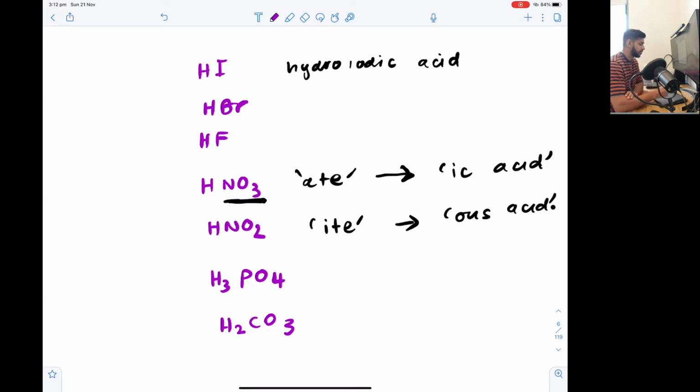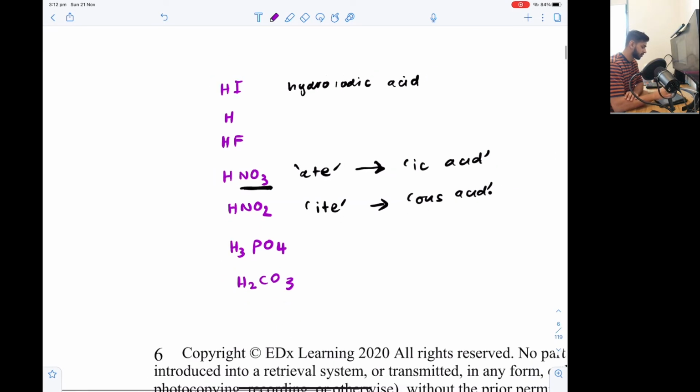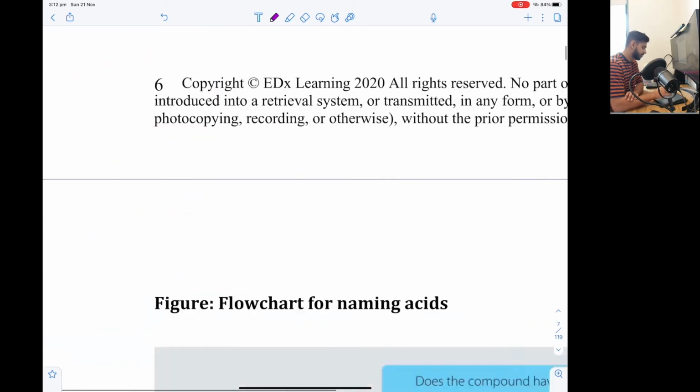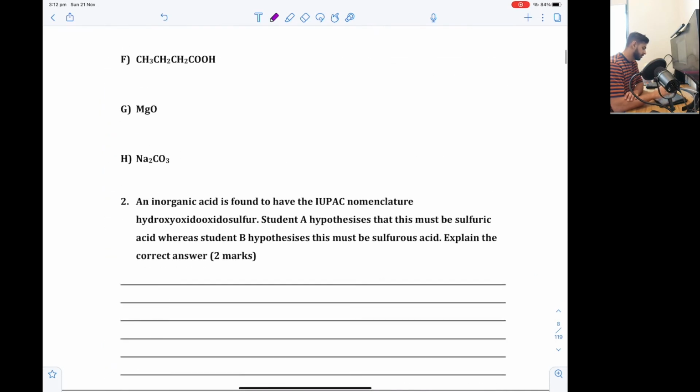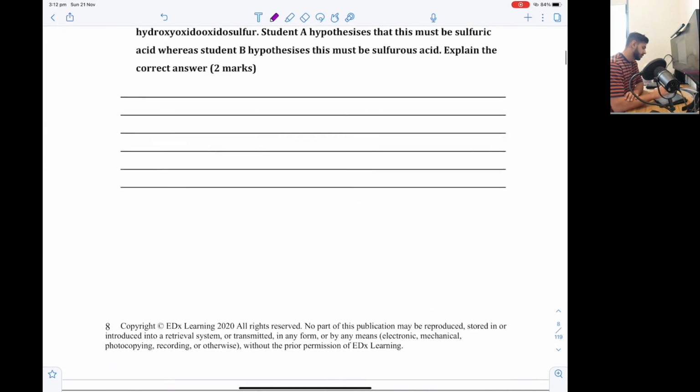Like I said, I don't remember any of this. I have to think to actually derive this. You should just look at the acid and know what it's called. And that just comes from practice and doing more and more questions. So you've already got that down pat for most of them. Here's a flowchart, but we'll skip all of that. You can do these questions in your own time.